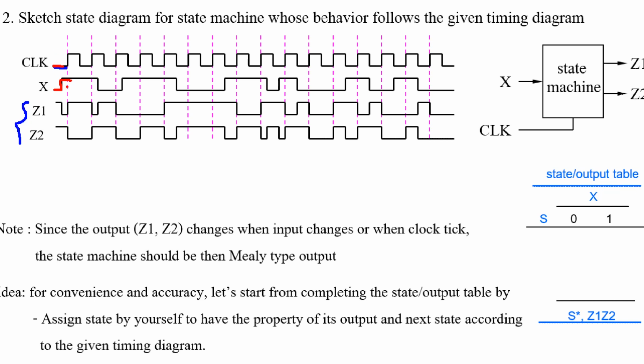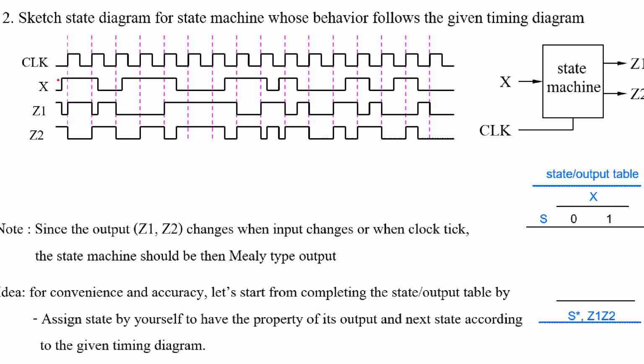No clock tick, right? At this point of time, clock is still 0, but input changes and output changes. That means the state machine should be a Mealy type state machine. And the state will change at positive or negative edge. Can you consider? Yes, you can.